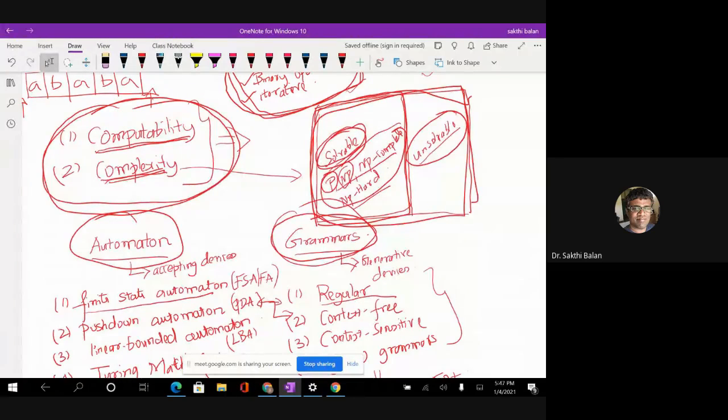Okay, so let me stop here for today's class. I will be staying here for a few more minutes, and in the next class, we will be starting with the finite state automata definition and then examples and all. So until this point, if you have any doubt that you need to clarify, please let me know.